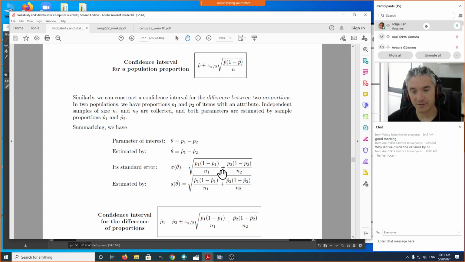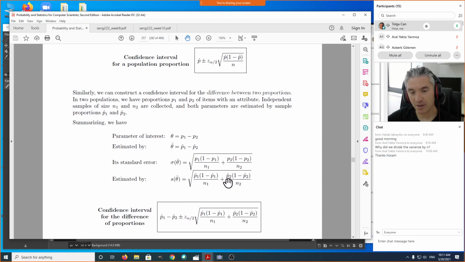And again, the standard error contains the two unknown proportions. We use our estimates P1 hat and P2 hat to do that. This tells us that in order to do something about population proportions, we need to have large samples. If we don't have large samples, using P1 hat and P2 hat for building the confidence interval is not going to make sense, right?